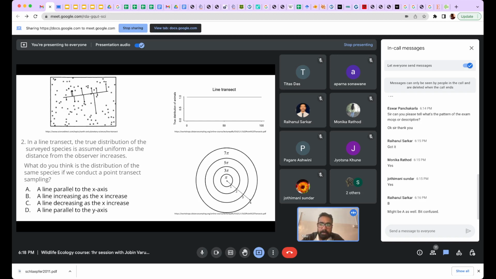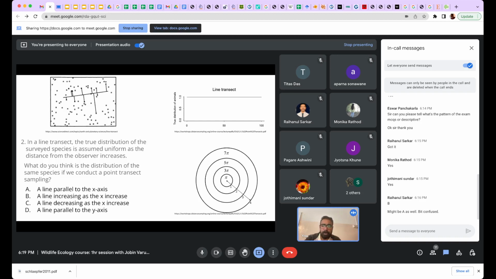So that means if the x-axis is the distance from the observer, and the y-axis is the probability that the animal is present, then in the line transect, the true distribution would be parallel to the x-axis. So the animals do not change based on the distance from the observer.